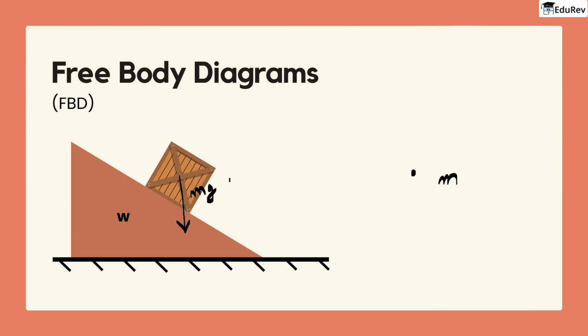And next, we have the normal reaction that is being applied by the wedge on the box in this direction, which is again perpendicular to the point of contact, and the normal reaction is N. So we have mg in downwards direction and a normal reaction N in this direction. Here we have the FBD.